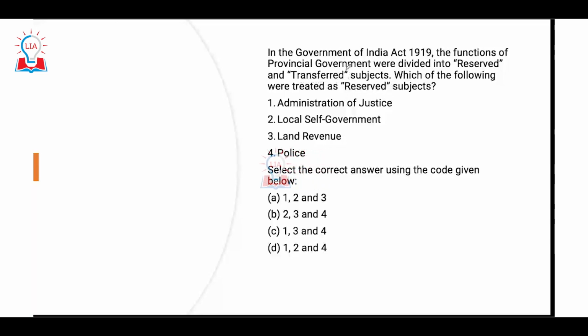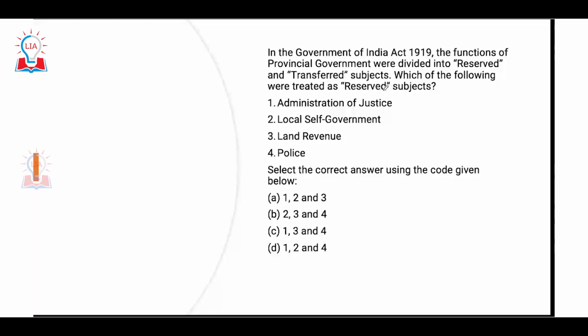Transferred subjects were administered by the ministers and reserved subjects were administered by the executive council of the governor and also the governor himself. So reserved subjects had the most important subjects and the transferred subjects had the subjects related to the general administration.